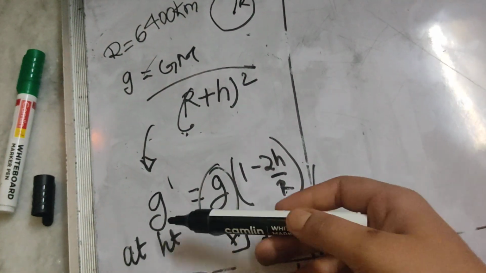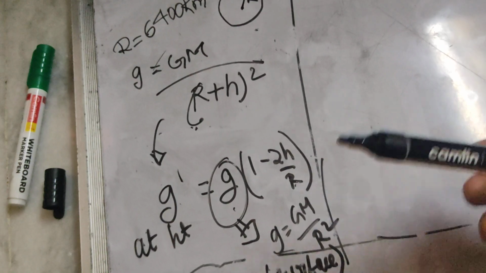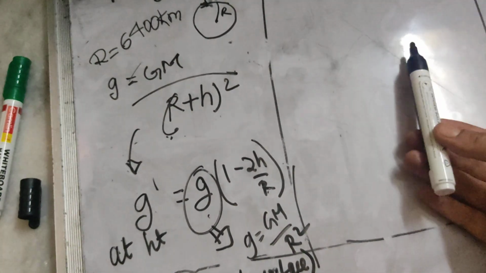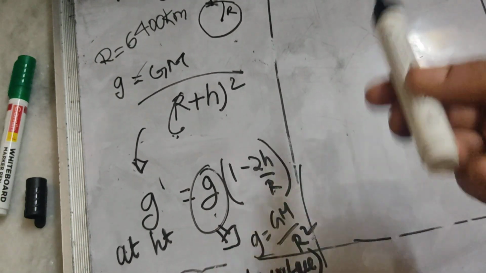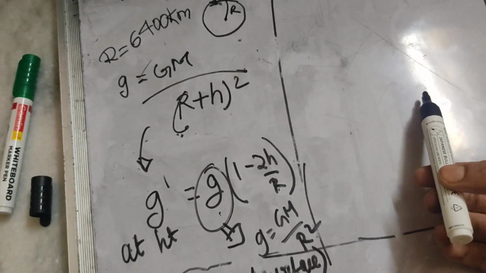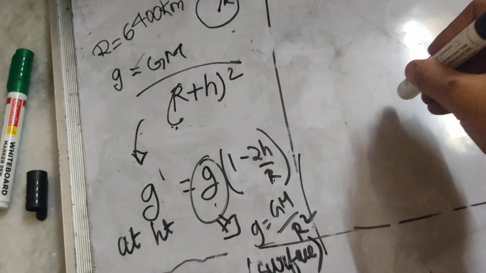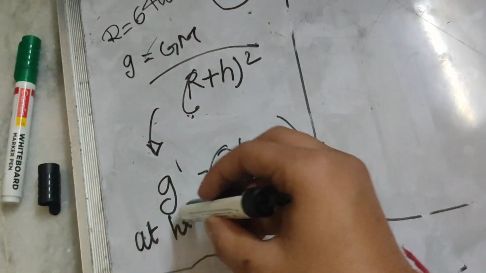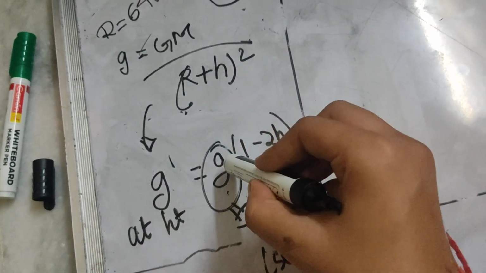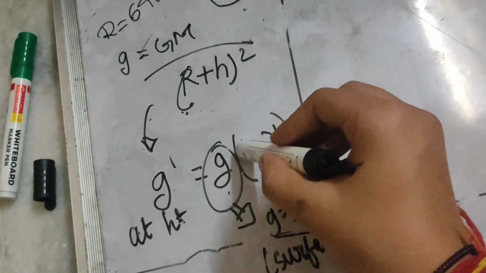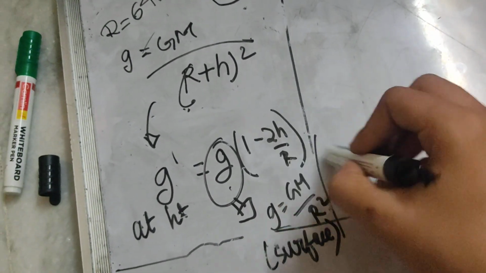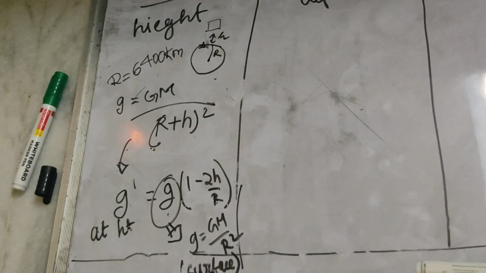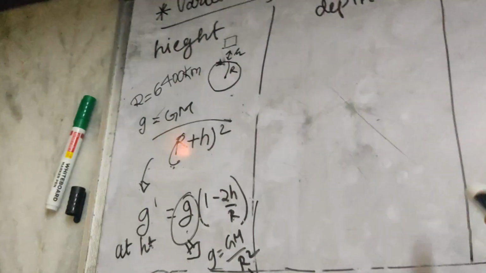This formula will mostly be asked to find the ratio. They will ask what is the ratio of acceleration due to gravity at a height of 2 kilometers from the surface of the earth as compared to the surface of the earth. So they are asking for the ratio g dash upon g. Bring this g here and calculate 1 minus 2h upon R. That will be your answer.